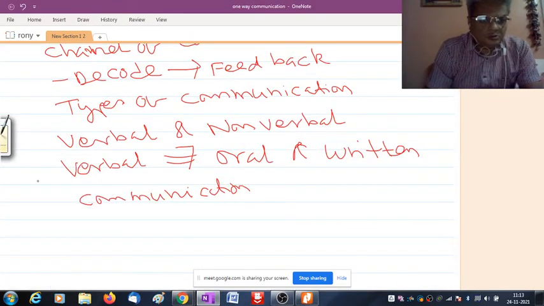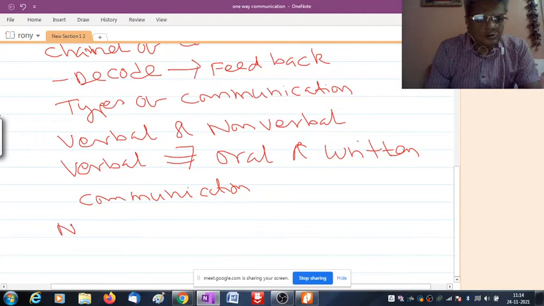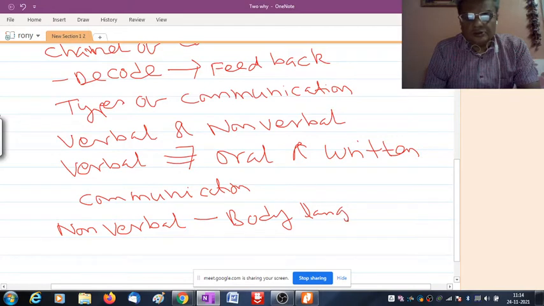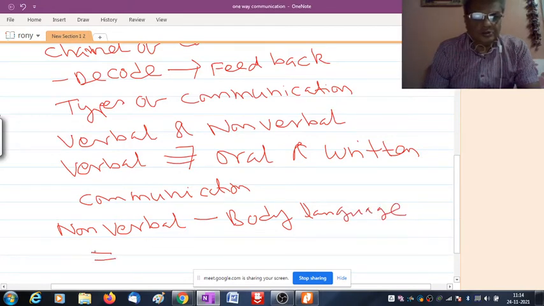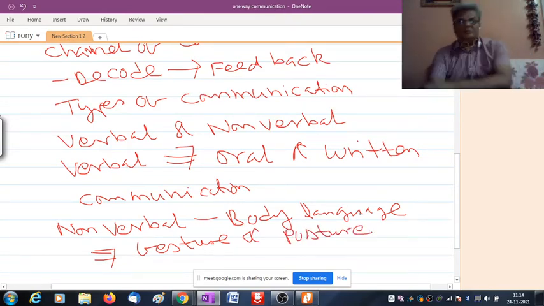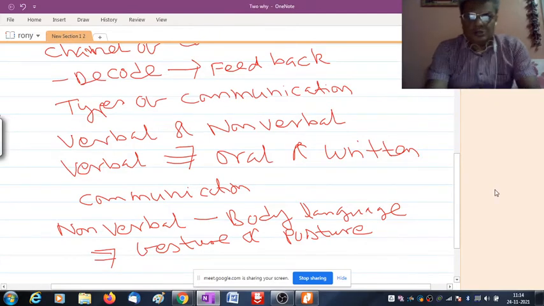Then non-verbal. Here comes body language, and here we are concerned with gesture and posture.